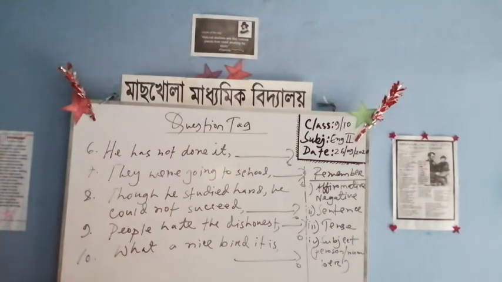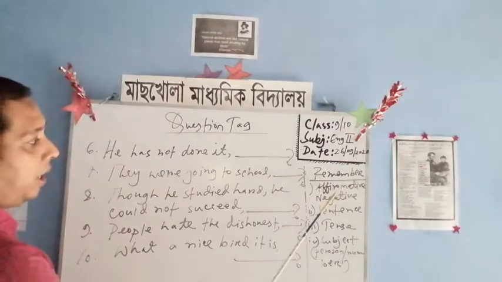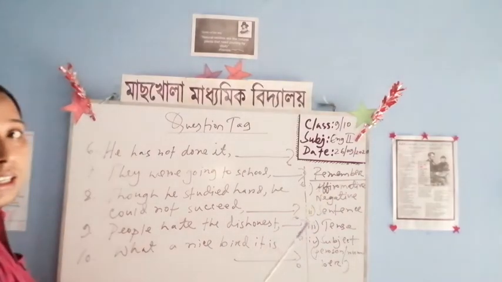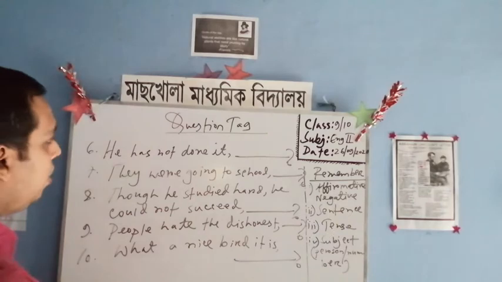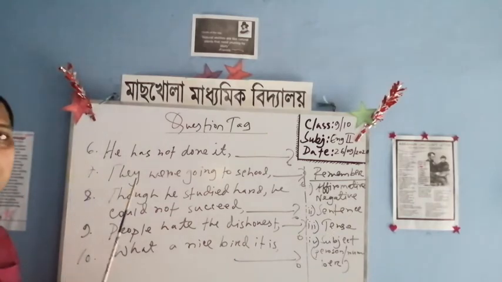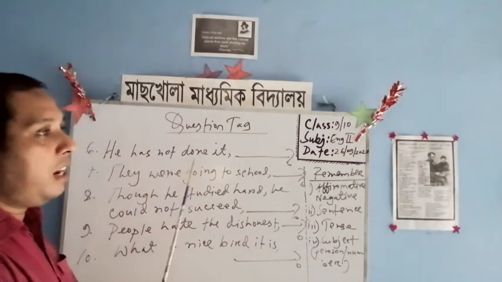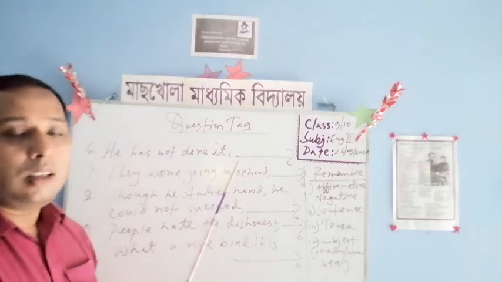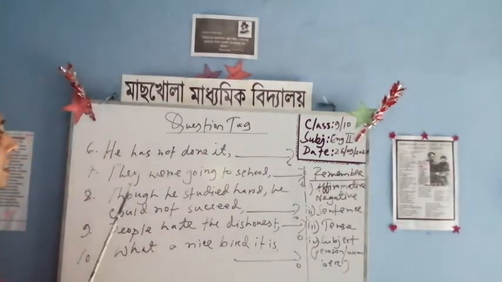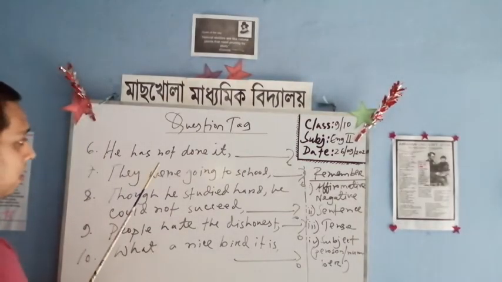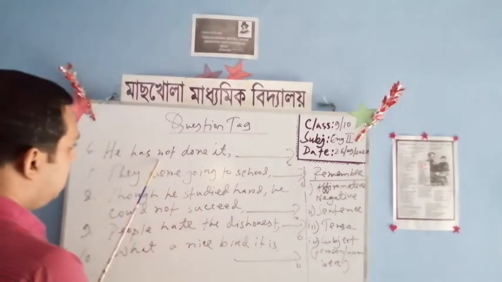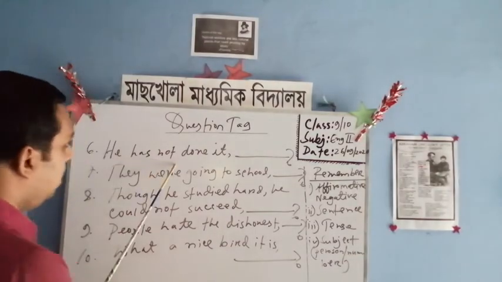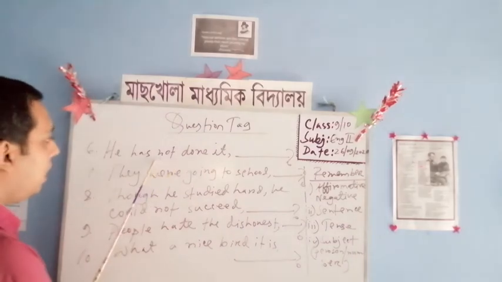So as I have told you, we have to remember whether the sentence is affirmative or negative. So look at the sentence, my dear students. Is it an affirmative sentence or negative sentence? Yes, we can easily understand from the sentence that it has a negation mark, that is not.